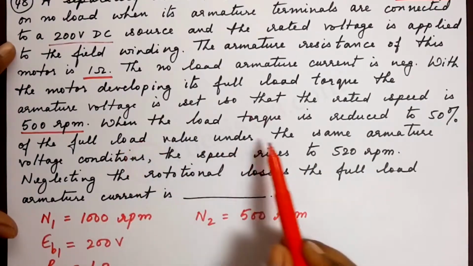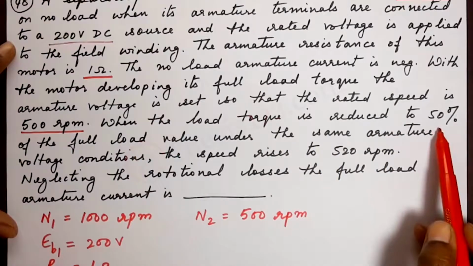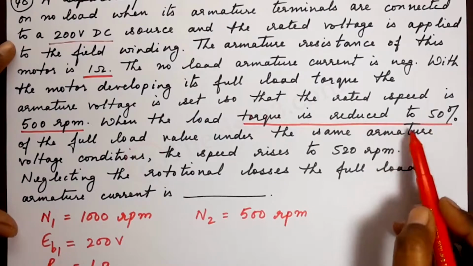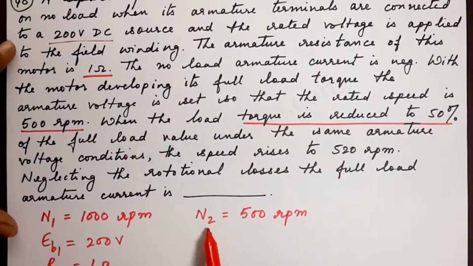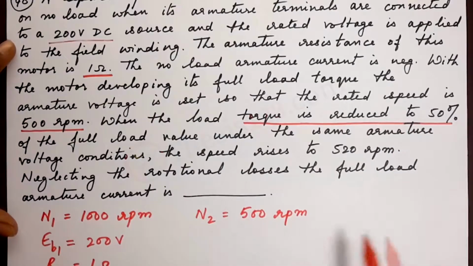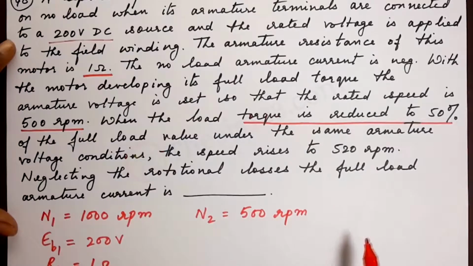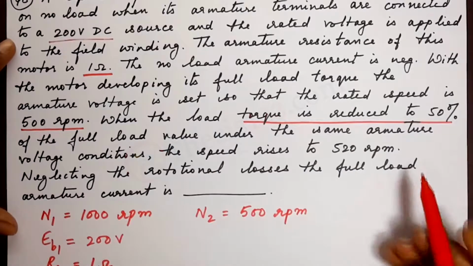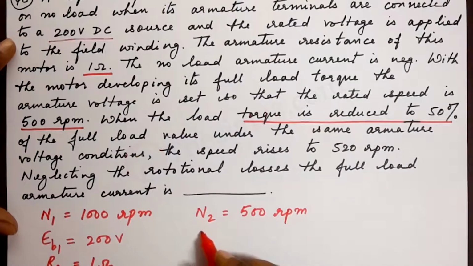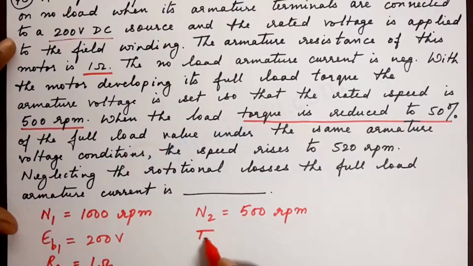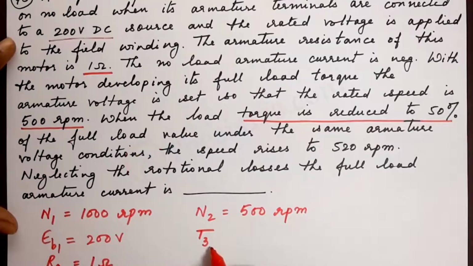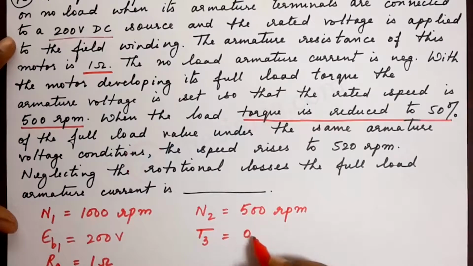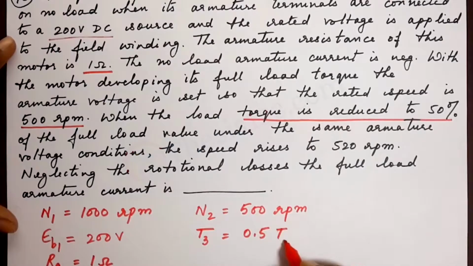The next case says that the torque is reduced to 50%. So this talks about the torque at N2 being reduced now to 50%. We'll call the torque T2 and T3 for the two different cases. The torque T3, with subscript 3 because it's being reduced to 50%, would be 0.5 T2.